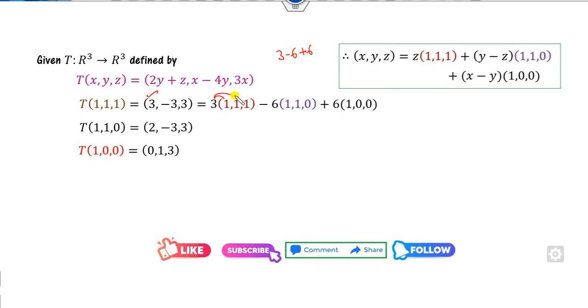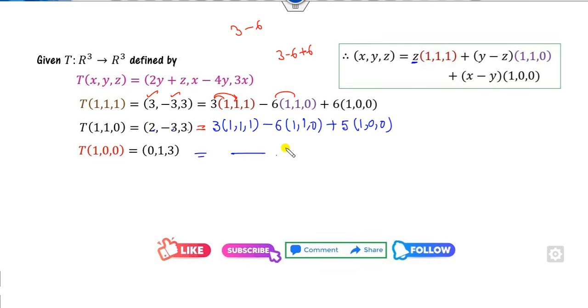Similarly for the y component, it's a 3, it's a minus 6, it's a 0, it's a minus 3. Similarly you can write this second component: z is my 3 (1, 1, 1), y minus z is minus 6 and x minus y is a 5 times (1, 0, 0).